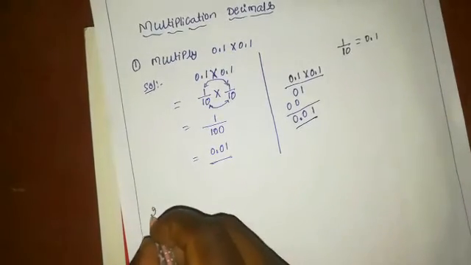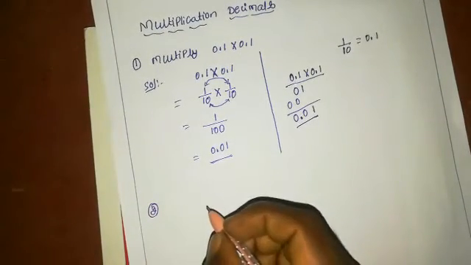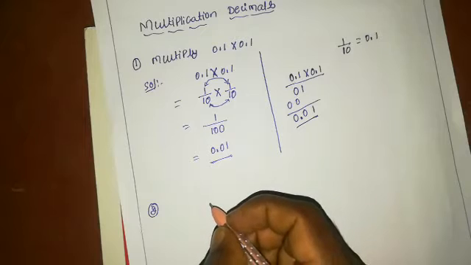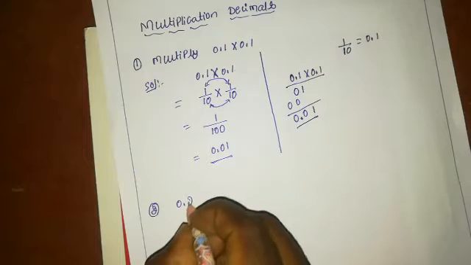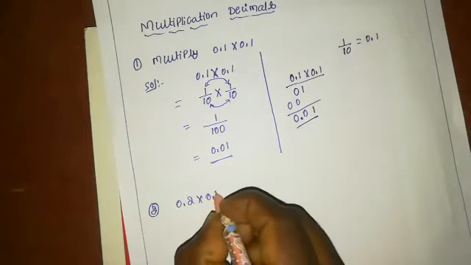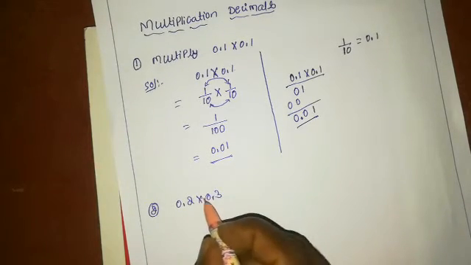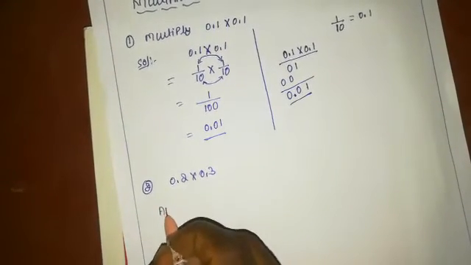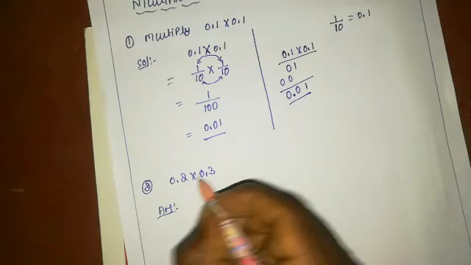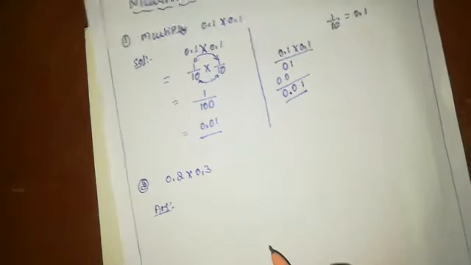Next, you see one more example: we have to find the product of 0.2 into 0.3. 0.2 is a decimal number and 0.3 is also a decimal number.